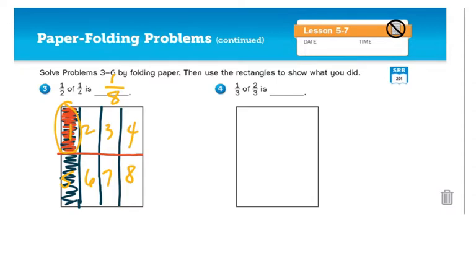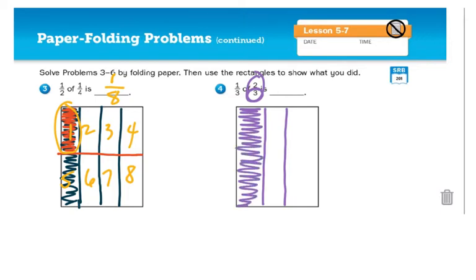Number 4, 1/3 of 2/3. So I'm going to start with 2/3. The denominator tells me to divide that into 3 equal parts and shade 2 out of 3. Then you can go and find out what 1/3 is. This says divide this into thirds.